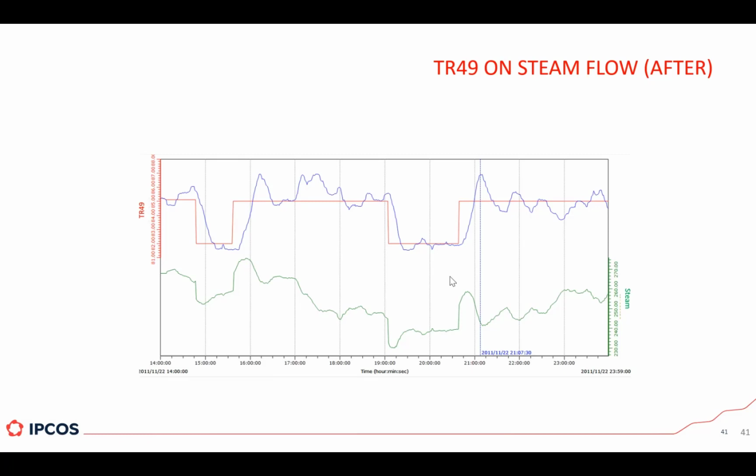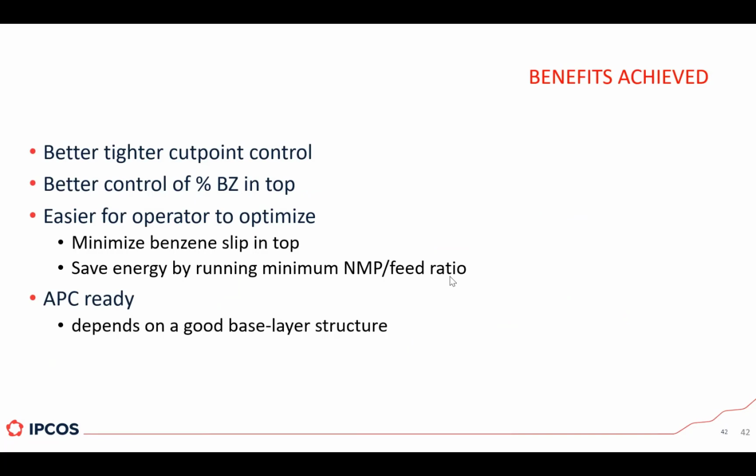And it is working to the point that on top of that, we were also able to put an advanced process control solution, and it helped optimizing the plant. Okay, so benefits achieved: tighter cut control, better control of benzene in the top, easier for operation to optimize, and it was APC ready. But I mentioned that we actually put APC after that.